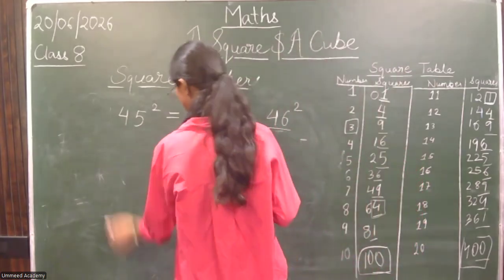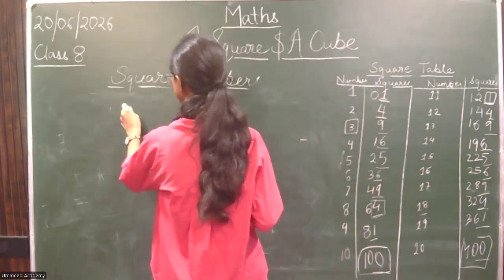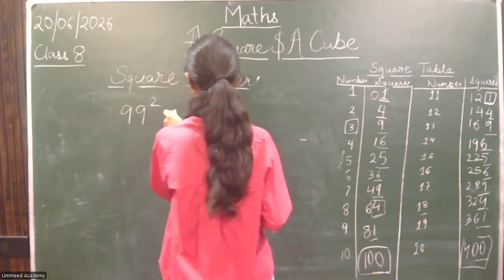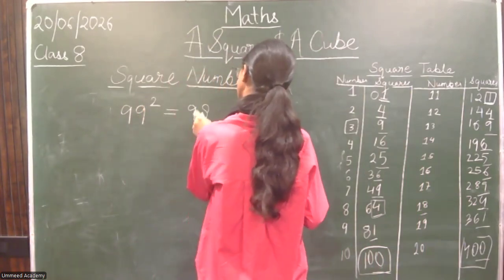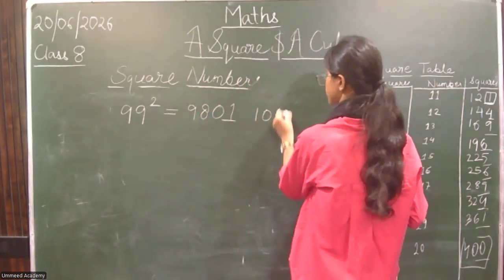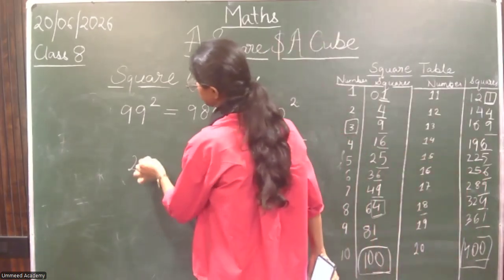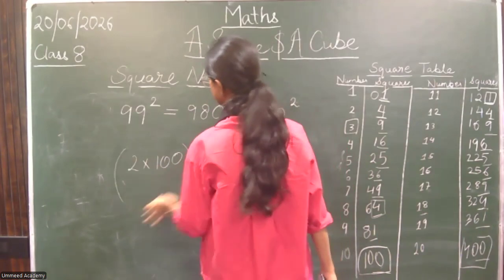Okay, now find 100 square. Quickly, very easy this is though.